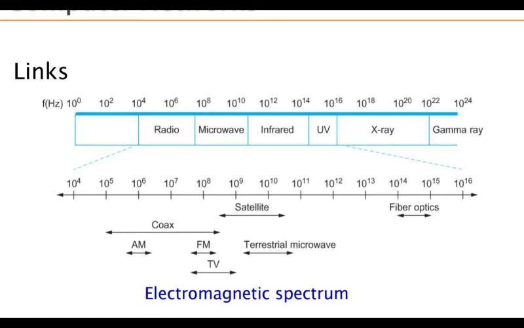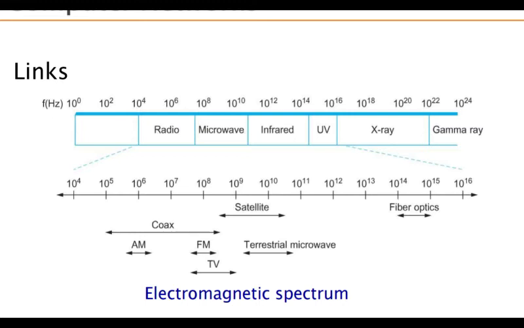Below is another example, a satellite. Here they have given the range of the frequency band used by the satellite. Fiber optics is between 10 raised to 14 and 10 raised to 15. Coaxial cable is 10 raised to 5 up to more than 10 raised to 8, that is the frequency band. AM is there, amplitude modulation, and FM, frequency modulation. These are radio signals.